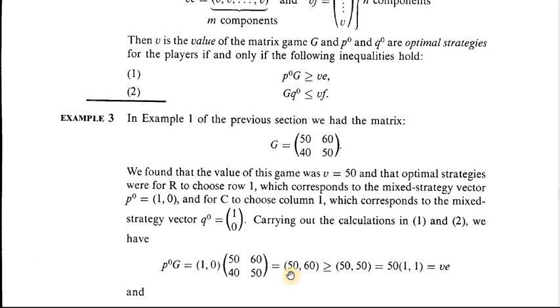So the interpretation of 50, 60 is this: 50 is the value of the game for the row player if the row player plays this strategy and the column player chooses column 1. This 60 is the value for the row player if the row player chooses this strategy and the column player chooses column 2.